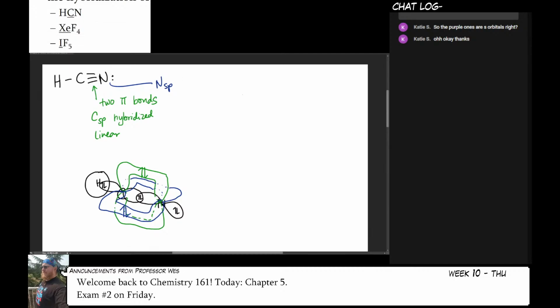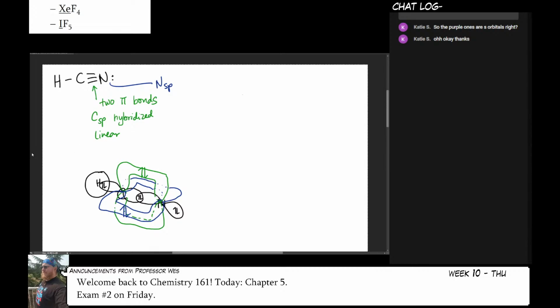I'm going to do these next 2 together because they're actually relatively simple. So we'll look at XeF4. If we do the Lewis structure for XeF4, well, this one I actually don't have memorized, so it'd be 4 times 7, so 36 electrons. So the Lewis structure would look something like this.